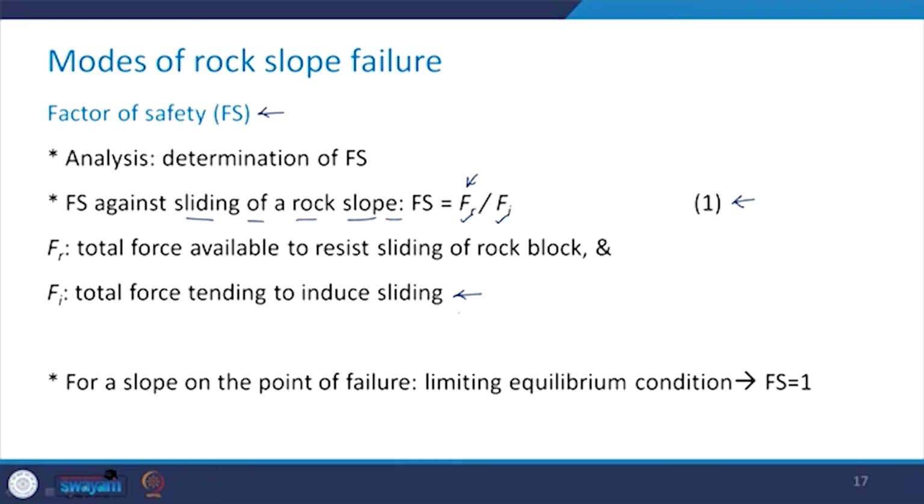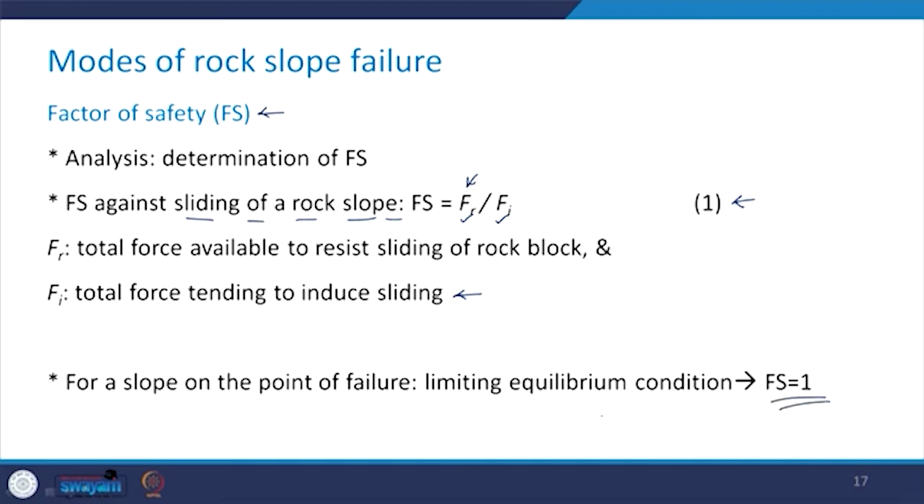So, for a slope on the point of failure, or for a slope which is on the verge of failure, what is going to be the limiting equilibrium condition in terms of the value of this factor of safety, which will be equal to 1.